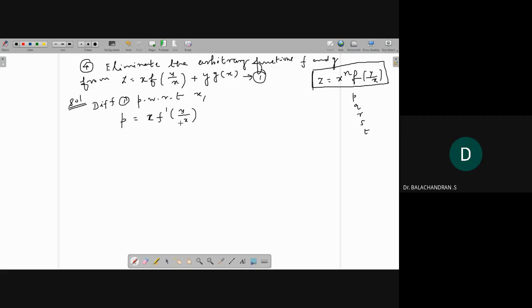If you differentiate y by x, you'll get minus y by x square, plus function, keep f of y by x as it is. If you differentiate x, you'll get 1, so into 1, plus y, because you are differentiating with respect to x, y is constant, so g dash of x.